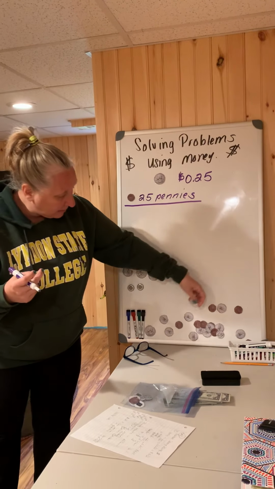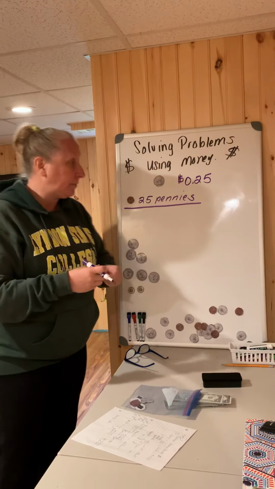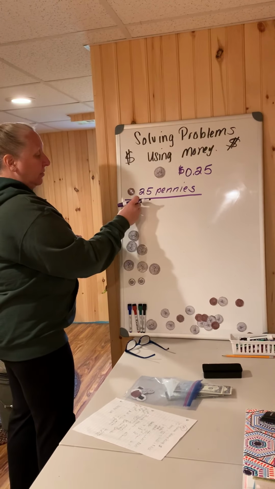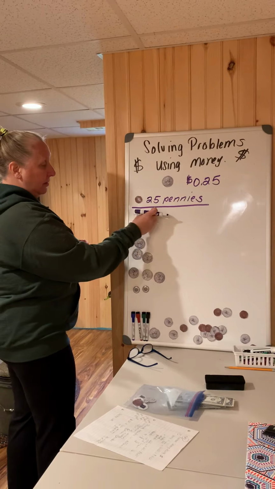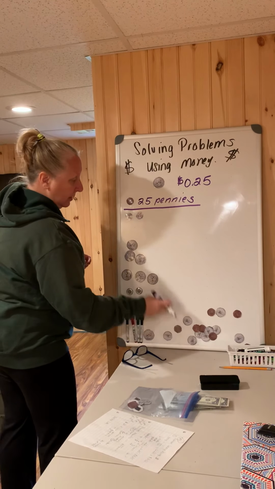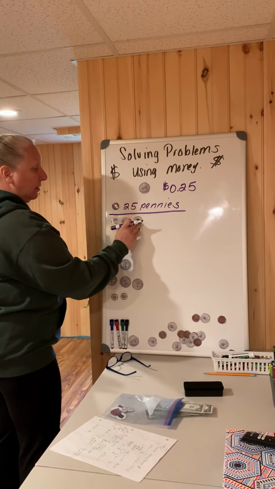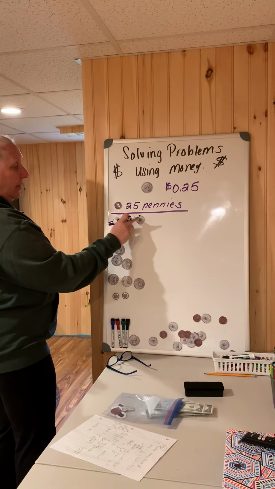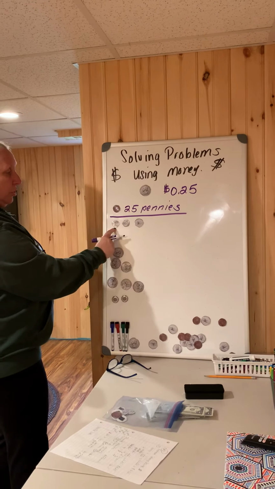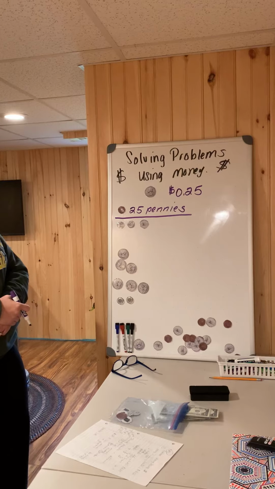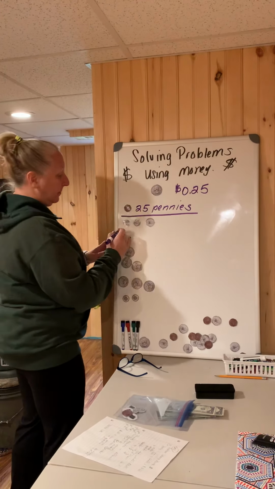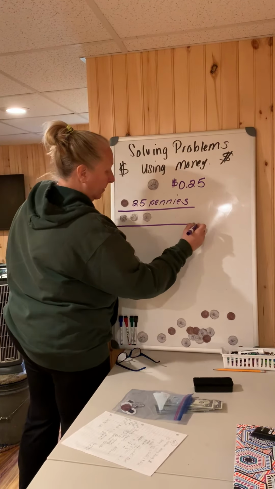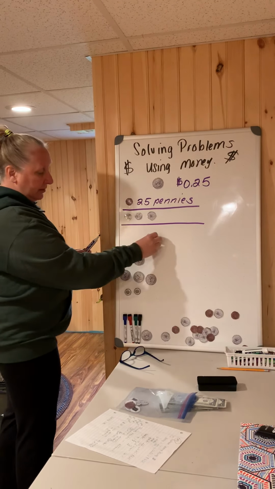Well, how else can I make 25 cents? 2 dimes, 10, 20, and my nickel is 5, 10, 25. So 2 dimes and 1 nickel would make 25 cents. How else can I make 25 cents?